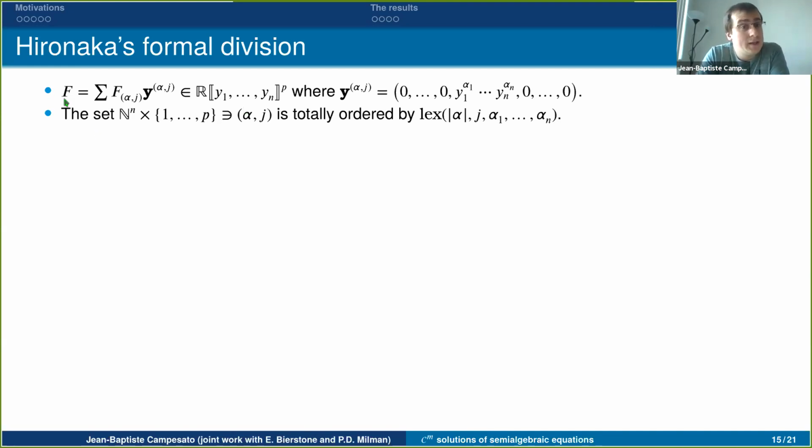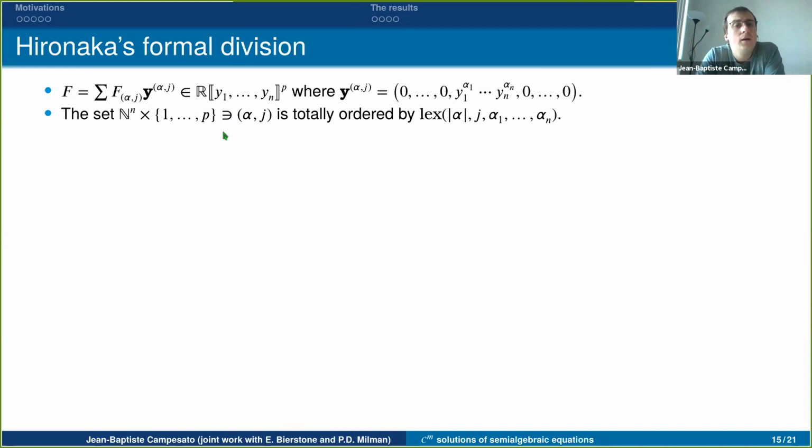Actually, I'm going to work with vector-valued power series. This notation is simply a very concise way to express a vector-valued power series. F_{alpha,j} is the coefficient of degree alpha of the jth component of F. Hence, the space of exponents is this one, N^n times {1, 2, up to p}.